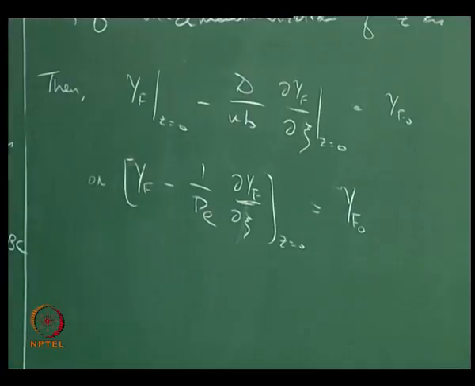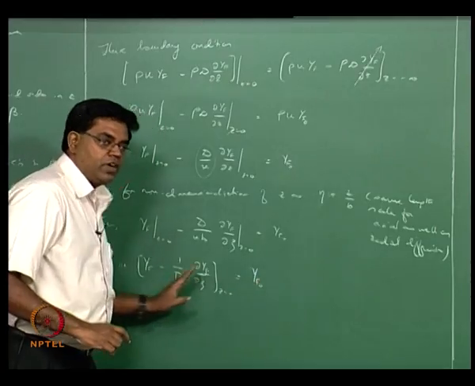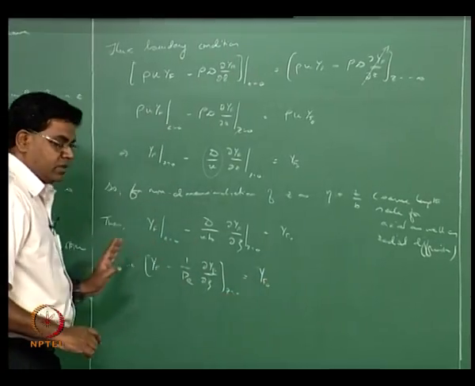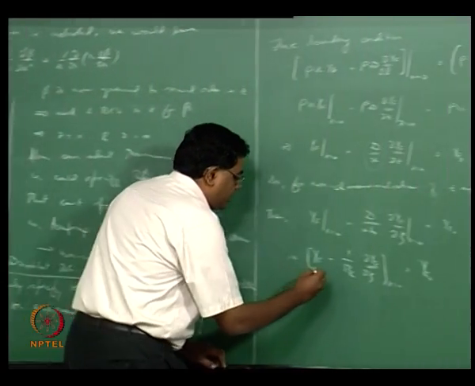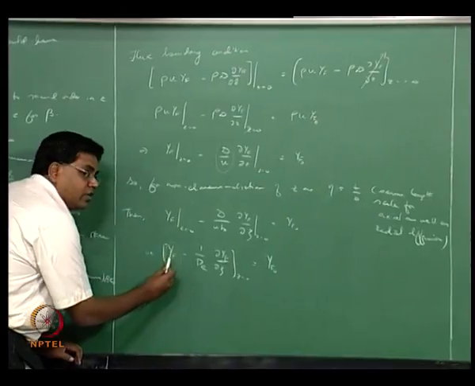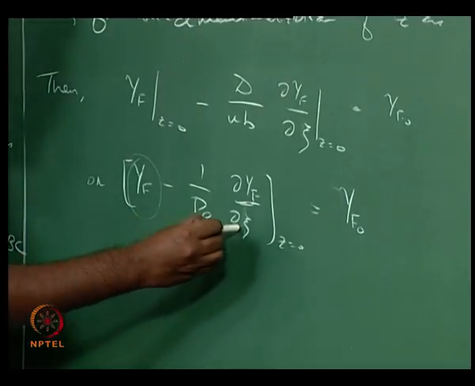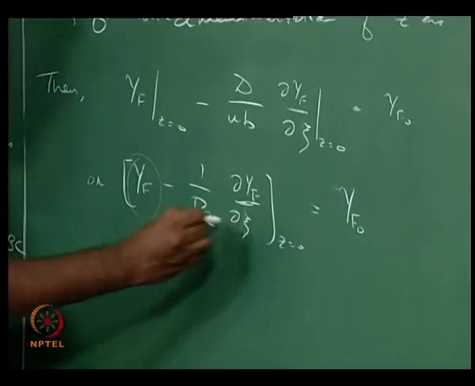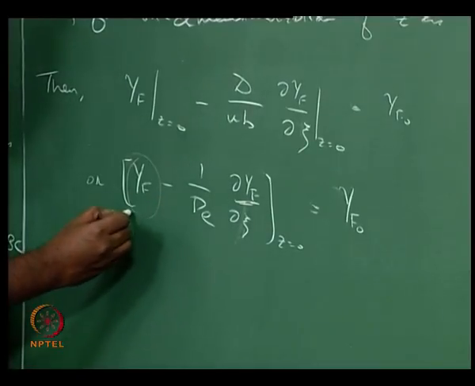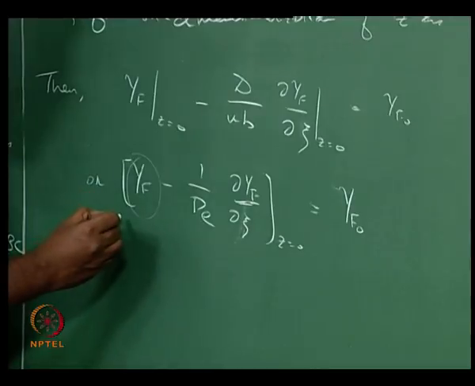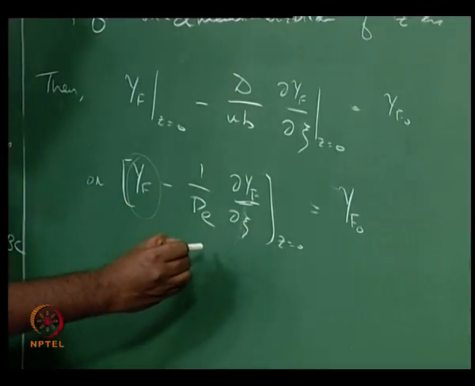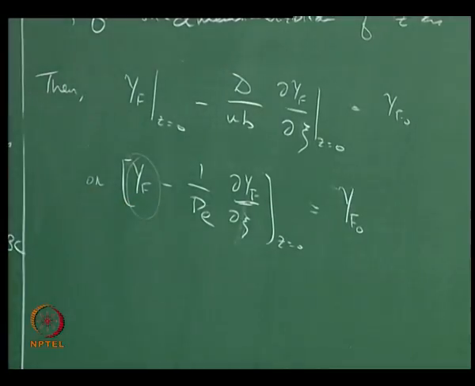Now this is what is called a flux boundary condition, and it's a mixed boundary condition. It now has a linear combination of value and derivative together, right? This is sort of like a yf plus b dou yf by dou psi, where a is equal to 1, b is equal to minus 1 over Peclet. Okay, it's a linear combination. That's what is a mixed boundary condition.